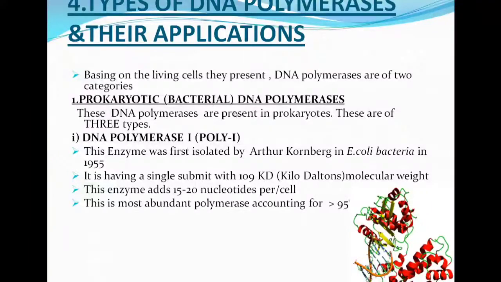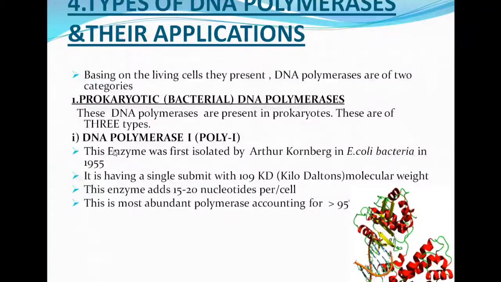They are, number one, DNA polymerase 1. This is called Pol 1. Number two, DNA polymerase 2. And number three, DNA polymerase 3. So let us see them one by one quickly. This is DNA polymerase 1, a diagram made by crystallography.